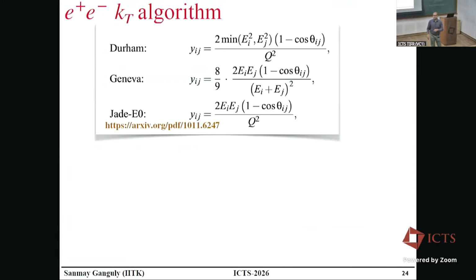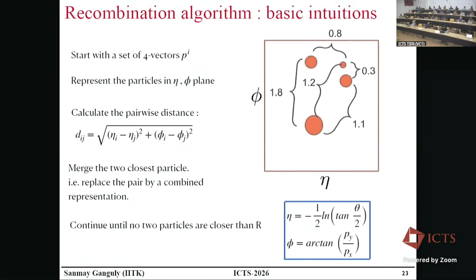Why not take three particles? When you compute distance, it only makes sense to compute distance between two points in a space. If I give you three points in a space, how do you compute distance? That's not how iterative branching happens.